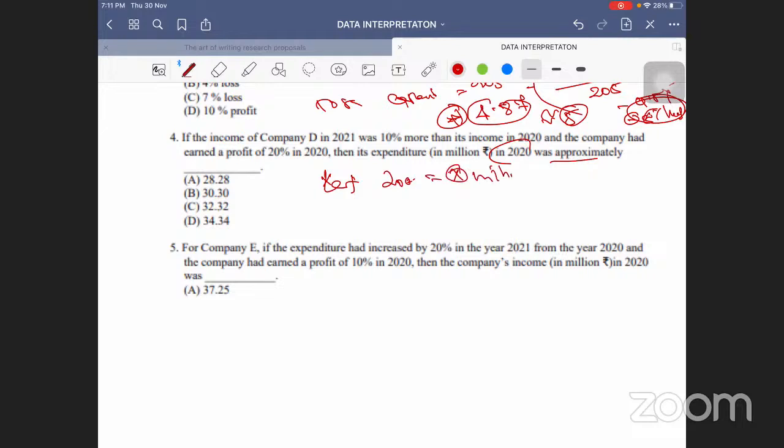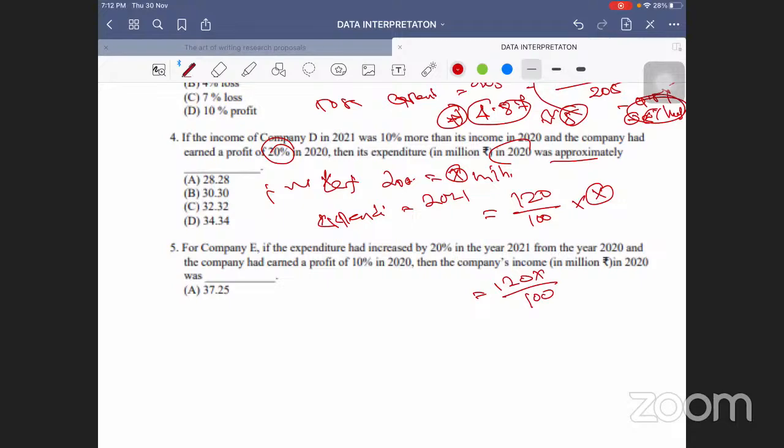Then the expenditure in 2021, the profit is 25%, so 120 divided by 100. We don't know the income of 2021, so let us take X. So 120X divided by 100.